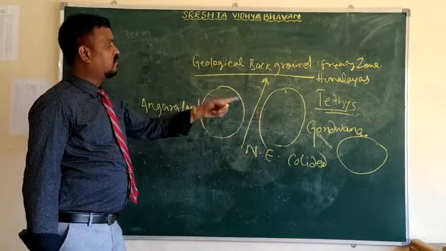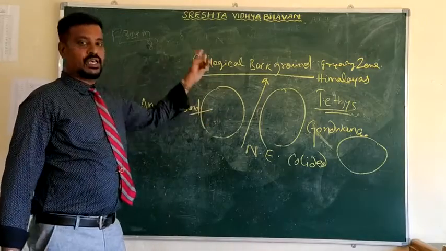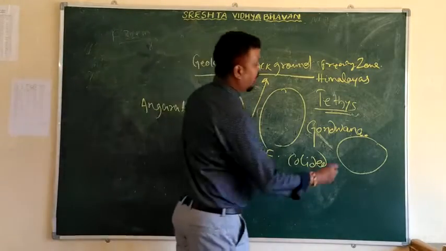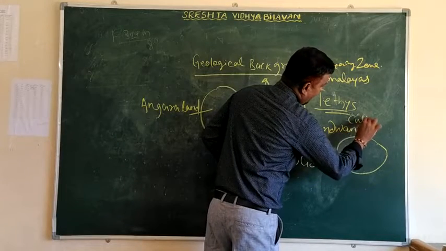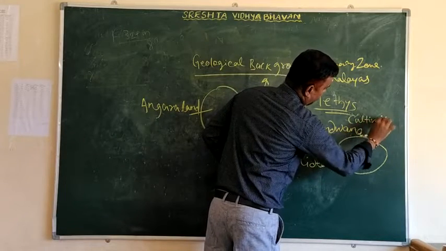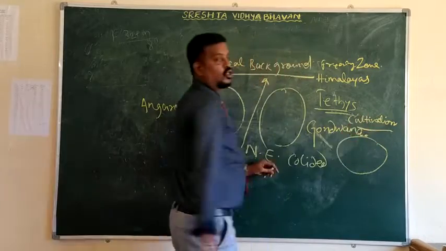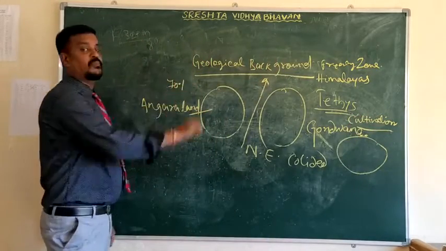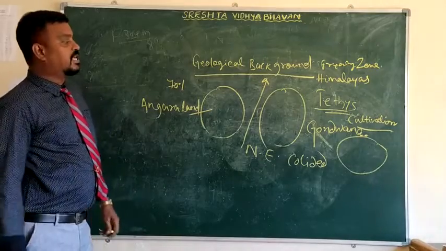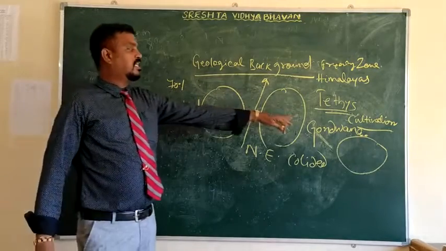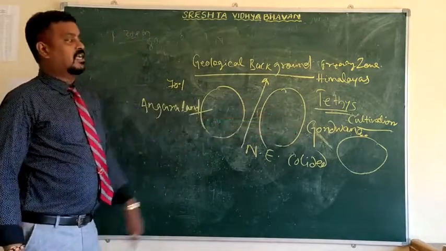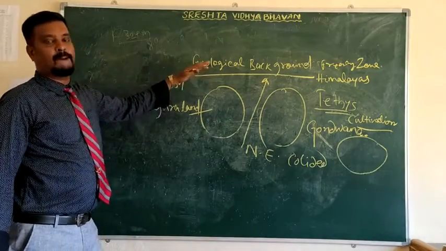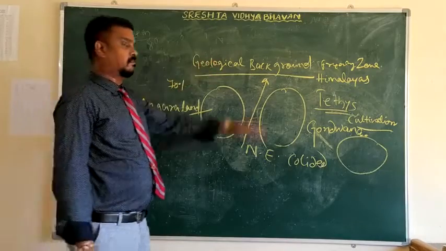Due to the alluvial soil brought by these perennial rivers, cultivation started in our country. Nearly 70% of people in India depend on agriculture, so these regions are very fertile lands. This is all about the geological background of India.